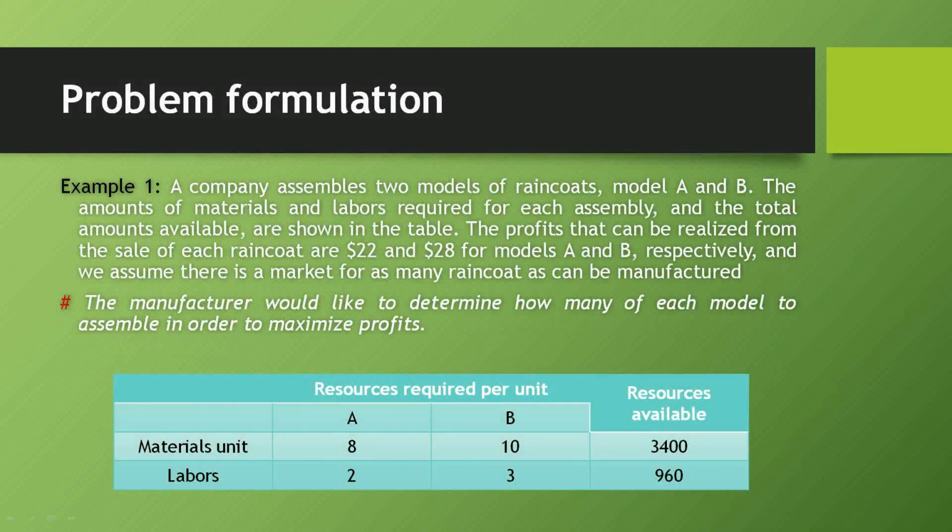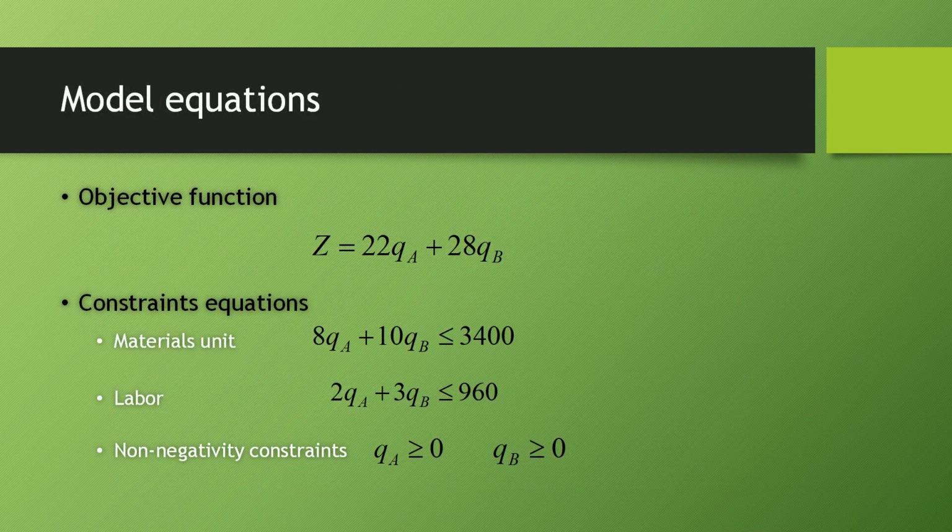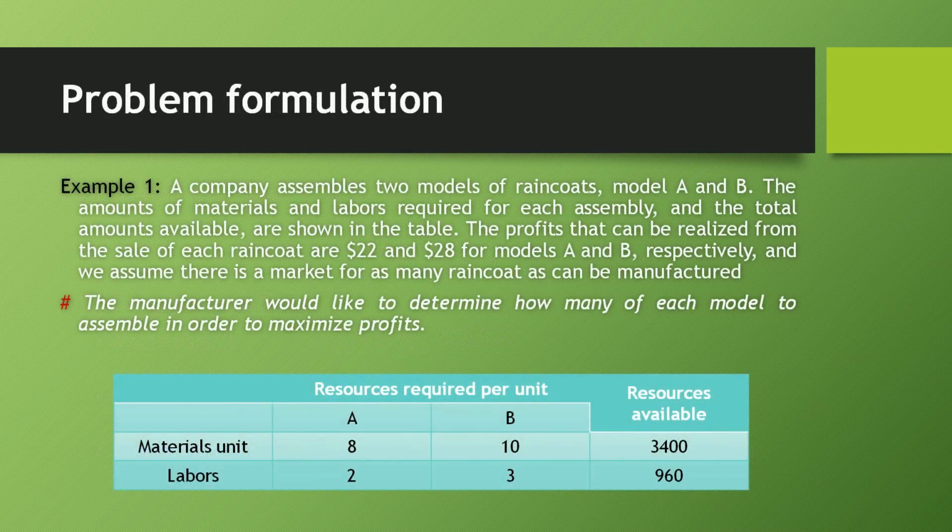Okay, so this is the problem. We have developed the objective function and constraint equations in the previous lectures, but I will explain how we have developed these equations. So let us read the question first. A company assembles two models of raincoats, model A and B. The amounts of materials and labor required for each assembly and the total amounts available are shown in the table.